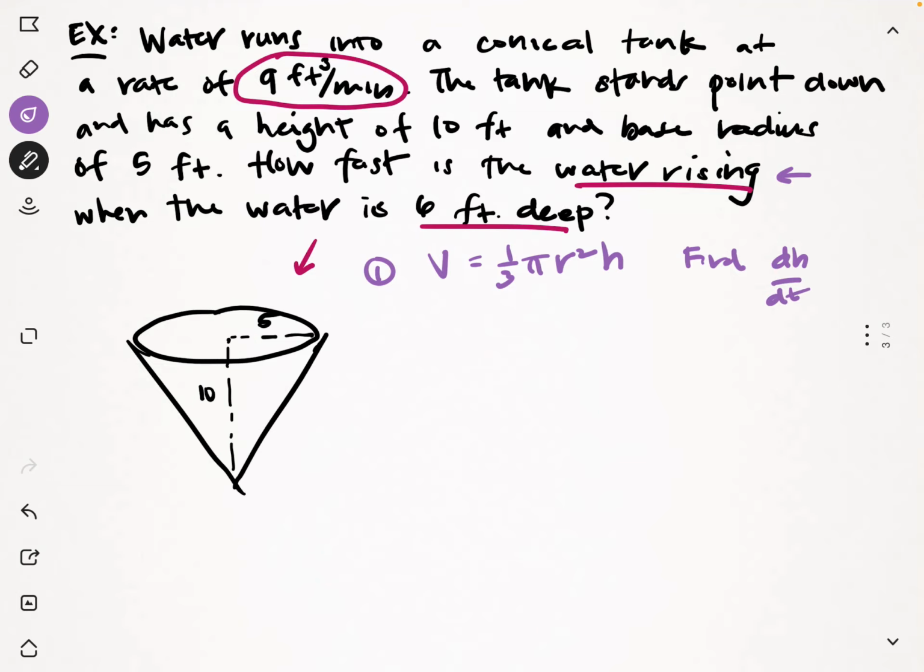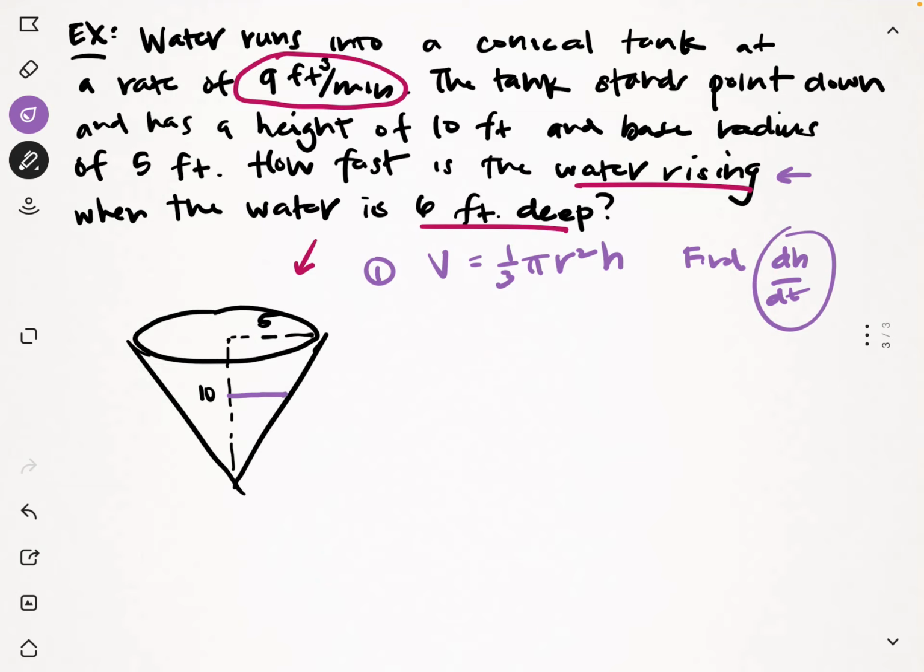It does say how big the radius is at the top, but it doesn't tell us how fast the radius is changing, which would be crucial because we already don't know what dH/dt is. We're solving for that. If we have another variable that we don't know, it's going to make our life hard, and we really can't solve it if we have more than one variable to solve for.